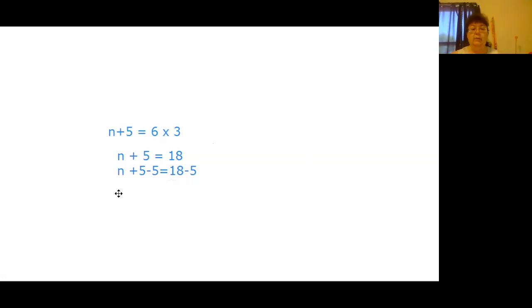Okay, so then you come down. 5 minus 5 is 0, so this side is going to be n. So n equals 18 minus 5, which is 13. So that means n is the number 13. If you go back up and you put 13 plus 5, does that equal 6 times 3?